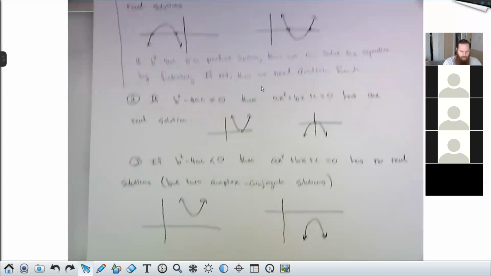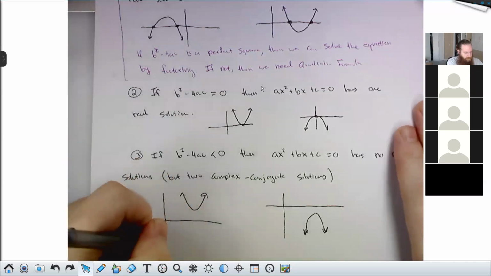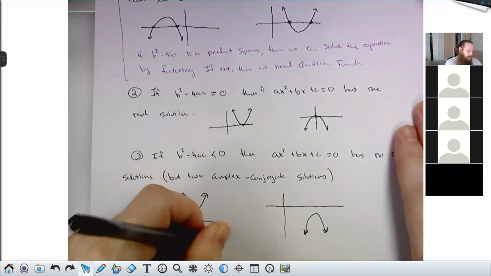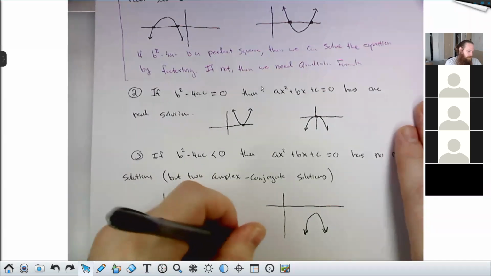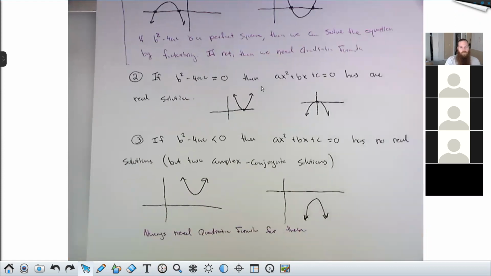Also worth making a note down here. If the discriminant is negative, you need the quadratic formula. We always need the quadratic formula for these. That's a slight exaggeration. There are some quadratic equations with a negative discriminant that you can solve by taking square roots. But the safe bet there is to use the quadratic formula. That would be my recommendation.